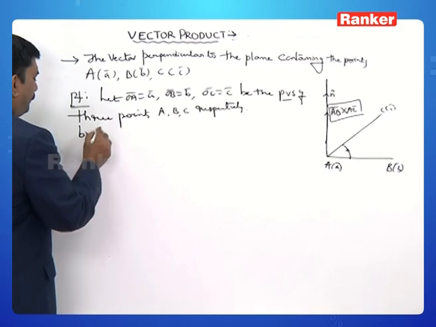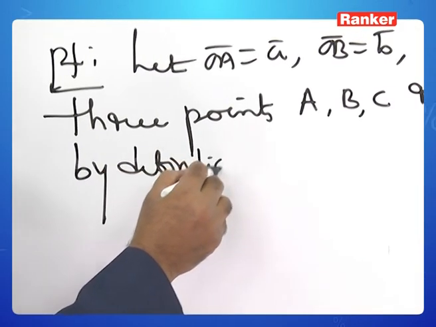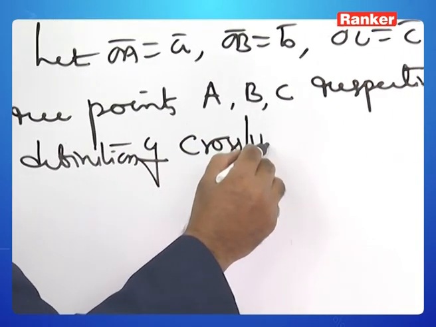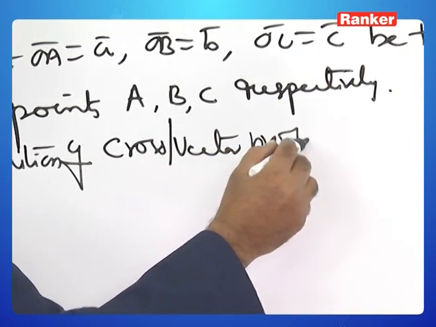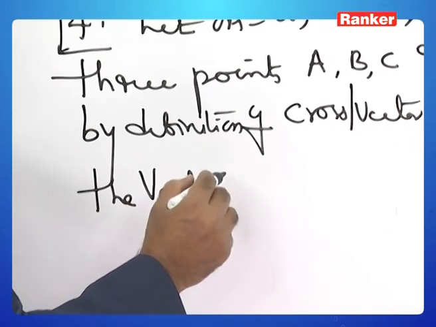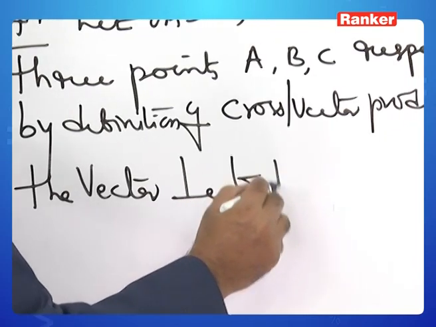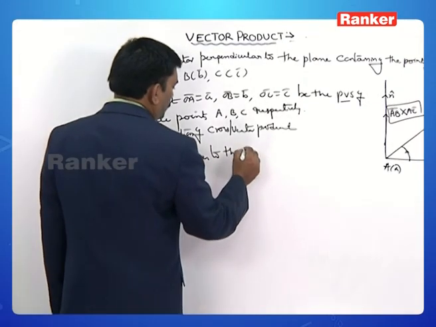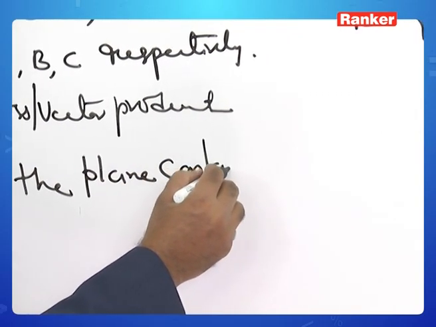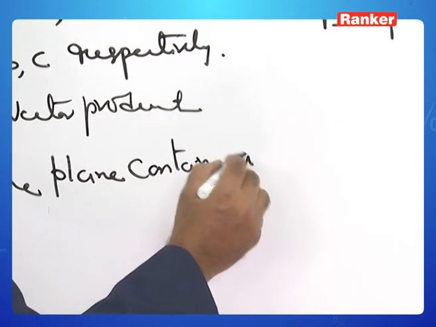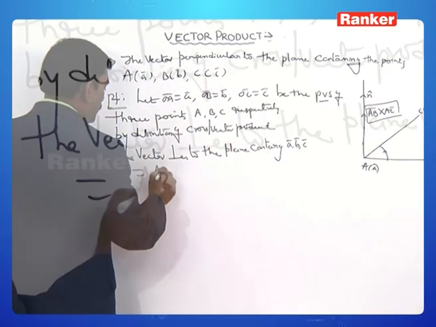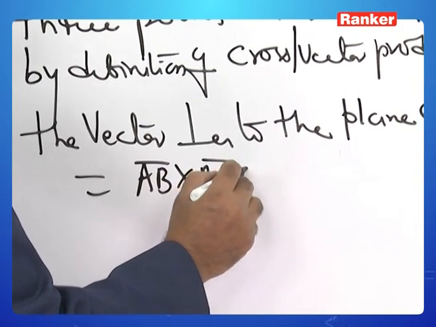By definition of cross product or vector product, the vector perpendicular to the plane containing A bar, B bar, C bar is equal to AB bar cross AC bar.